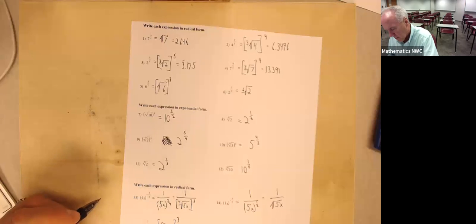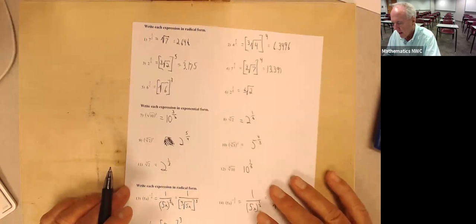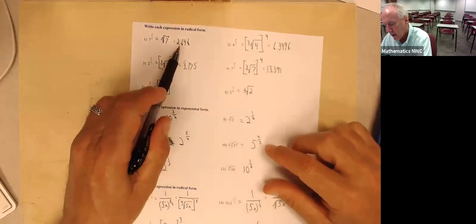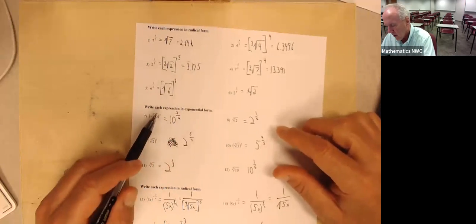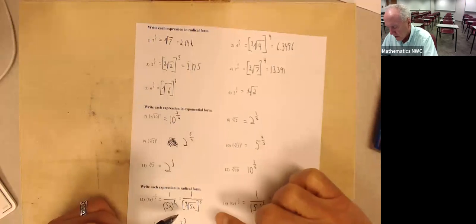This would be the square root of 10n raised to the 3rd power. This would be the 5th root of a raised to the 6th power. And again, we should be able to go back and forth as well as evaluate any of these on our calculator. Obviously, the ones with variables like these could not be evaluated on your calculator.